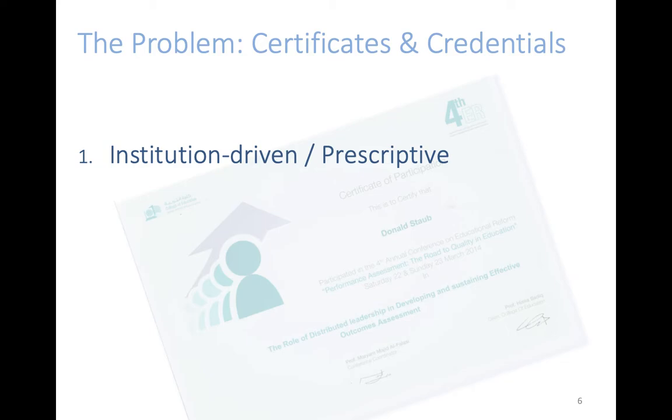So it's the institution who makes that choice. And the institution says, in order for you to graduate and get the degree and get the credential that we're offering, you have to take these courses, and you have to get a certain grade point average as well in order to graduate.